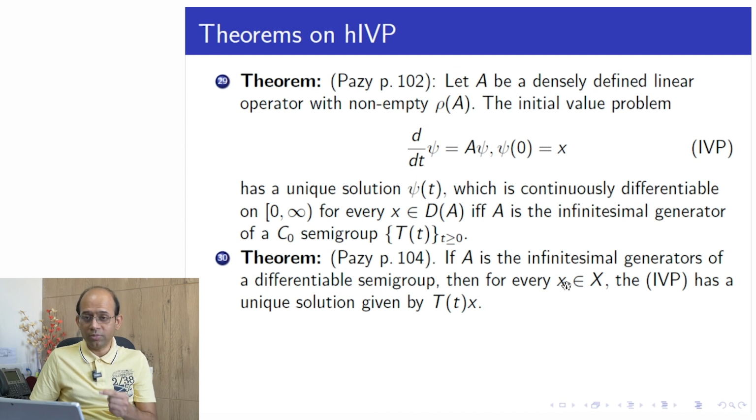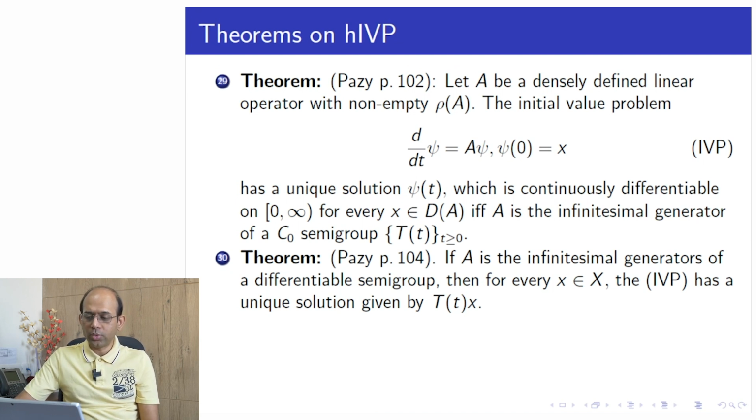That is, for every x in the whole Banach space X, the IVP has a unique solution given by T(t)x. This is as expected: if we select from a smaller class we can get a better result.